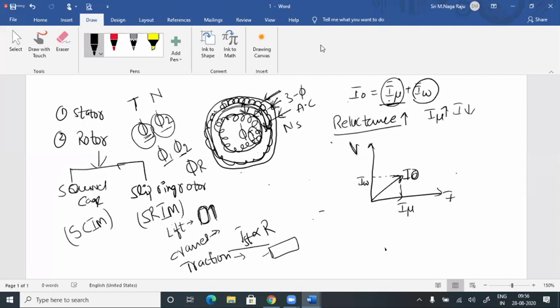This is the input supply voltage. Now what is the power factor? It is the cosine of the angle phi between voltage and current. This is the input voltage. This is the input current. Now this is the power factor angle phi. For example, let us say this angle is 45 degrees in this case.